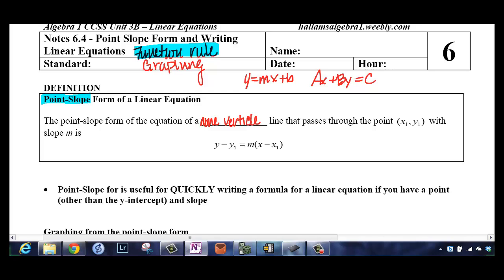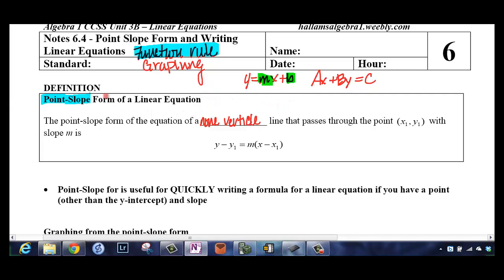With slope intercept form, we do need slope and we need the y-intercept. And sometimes if we don't have the y-intercept, we have to calculate it, which is useful because we can do it, but it's a lot easier to write right into point slope form. It's made so that, without any calculations, we go ahead and write the equation.